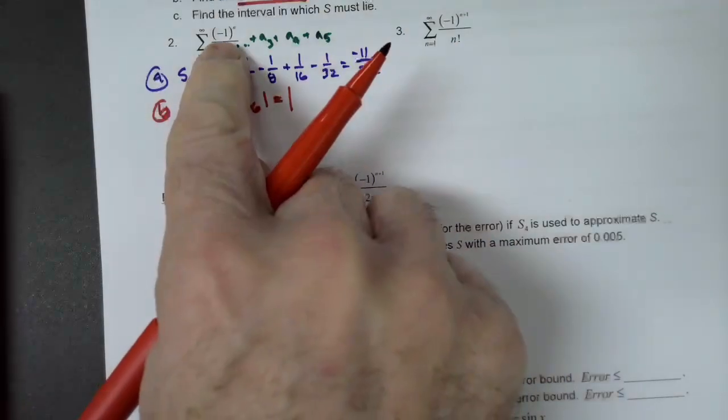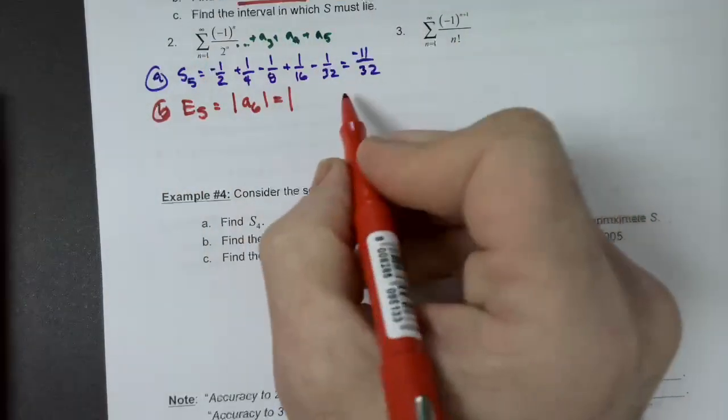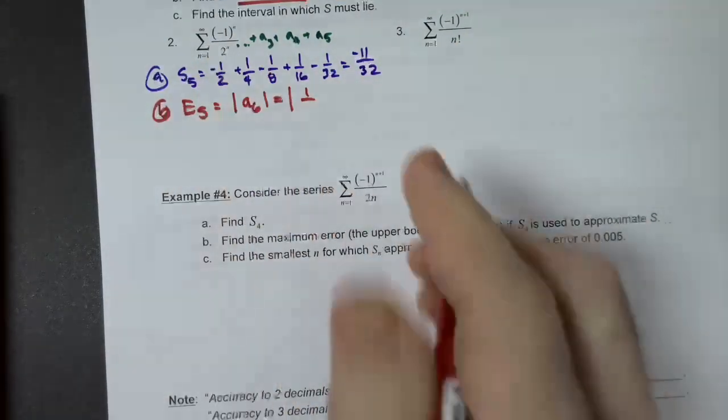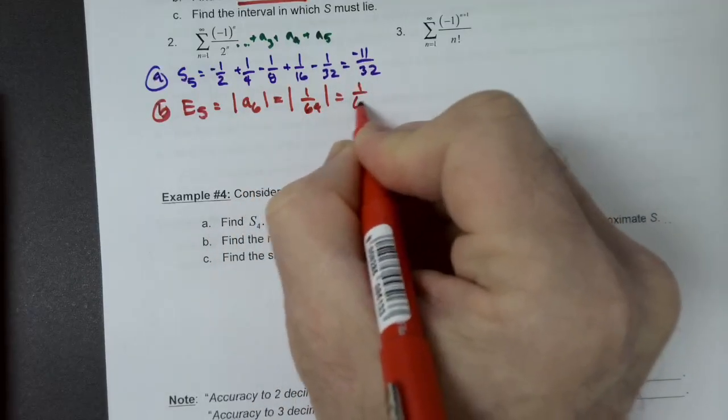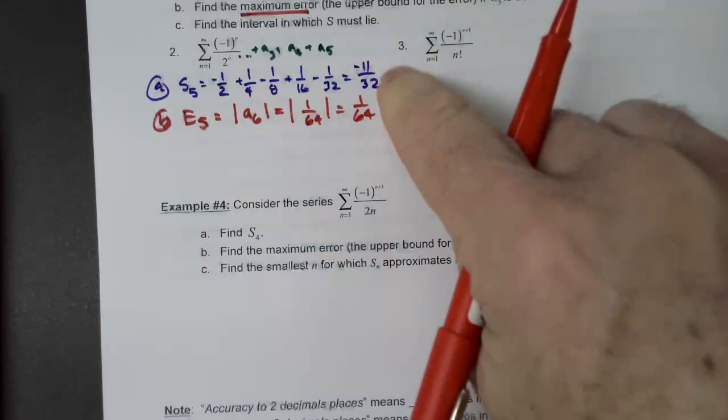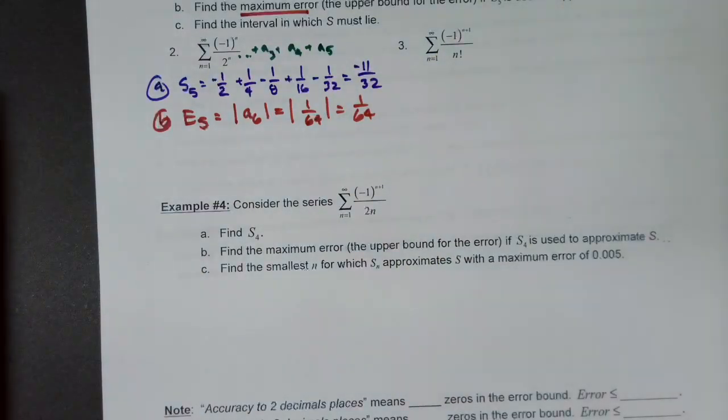Well, it's going to be negative 1 to the 6th power, a positive 1, over 2 to the 6th power, or 64. The absolute value of that is 1/64. This answer here, negative 11/32, cannot be off more than 1/64. It might be 1/64 too high, or it might be 1/64 too low.